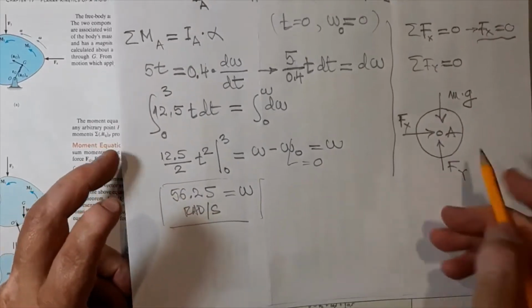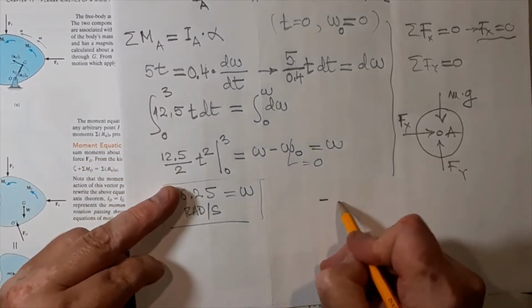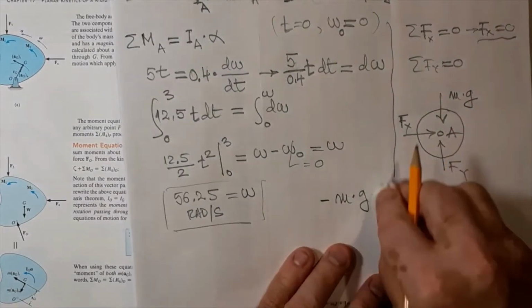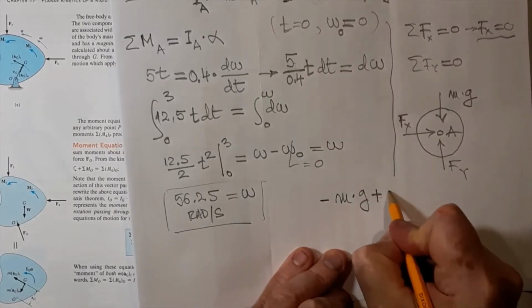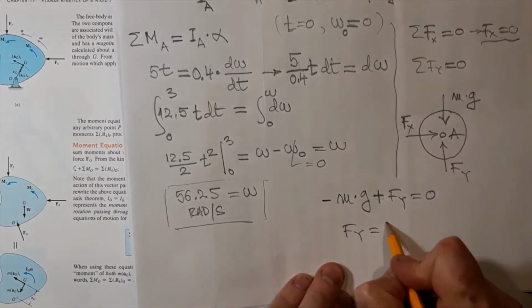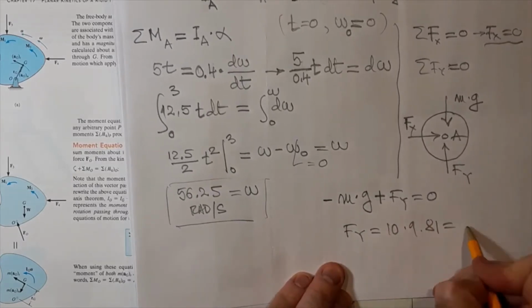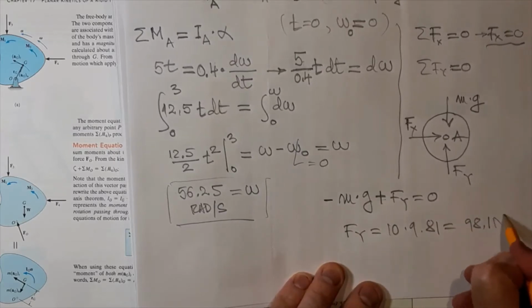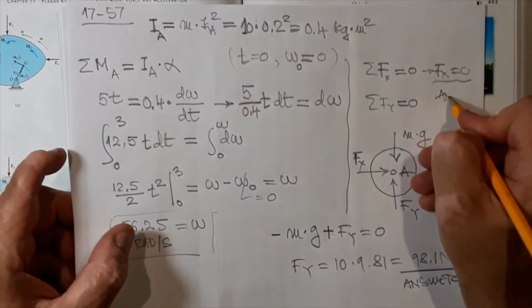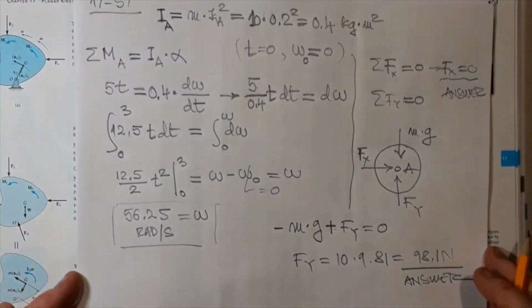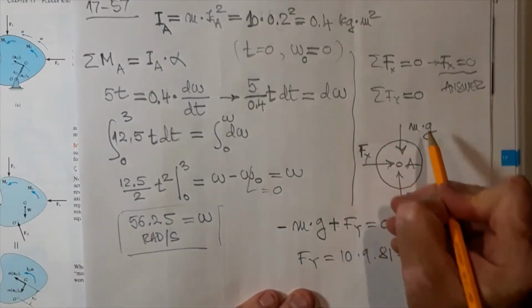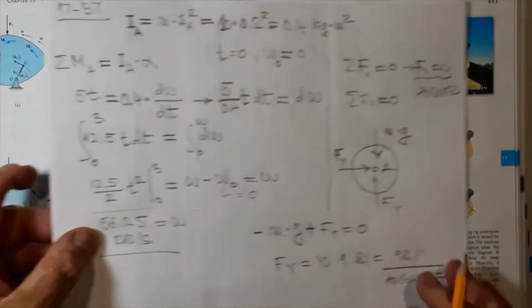Then in the vertical direction, assuming positive up, negative m times g plus Fy equals 0. So Fy is m times g, that is 10 times 9.81, that is 98.1 newtons. Answer. So really, the fact that the wheel rotates does not affect the reactions at the support.